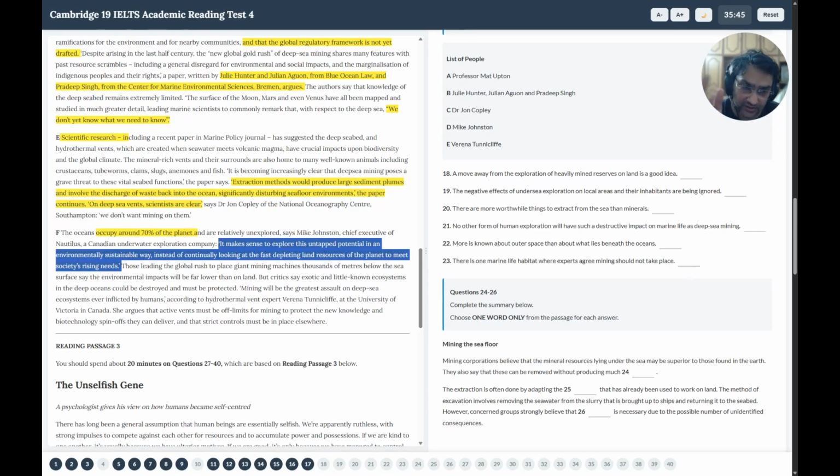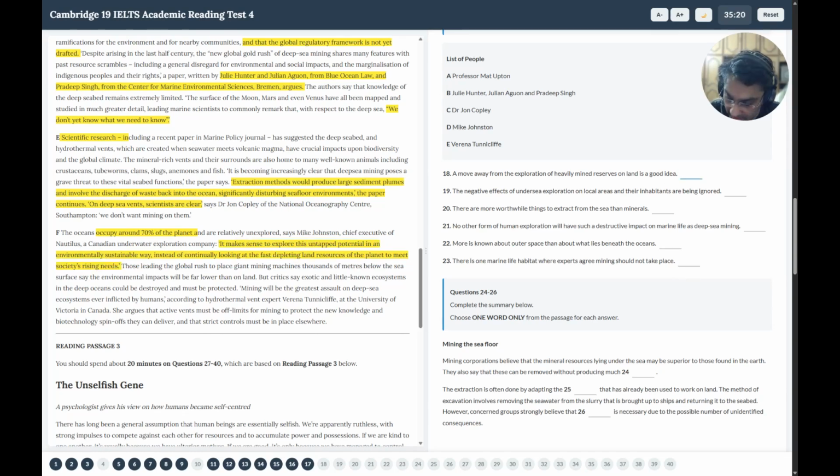So this statement suggests that mining under the ocean is a good idea, which means Mike Johnston stated that we can explore this untapped potential in an environmentally sustainable way instead of continually looking at the fast depleting land resources of the planet to meet society's rising needs. So, this is D.